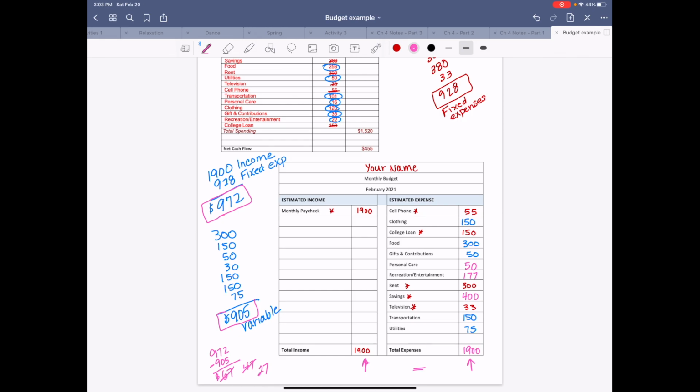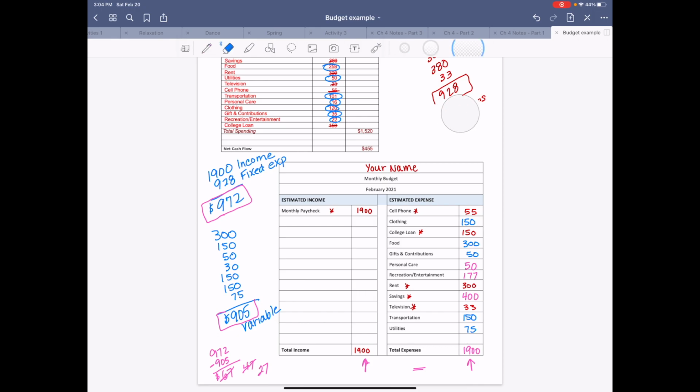They may put $300 in cash in an envelope for food, and then they'll go through and do it that way. Again, some months you might have some left over, but that's okay. It's better to have some left over than not enough. And so basically, this is a way how you put together your budget.